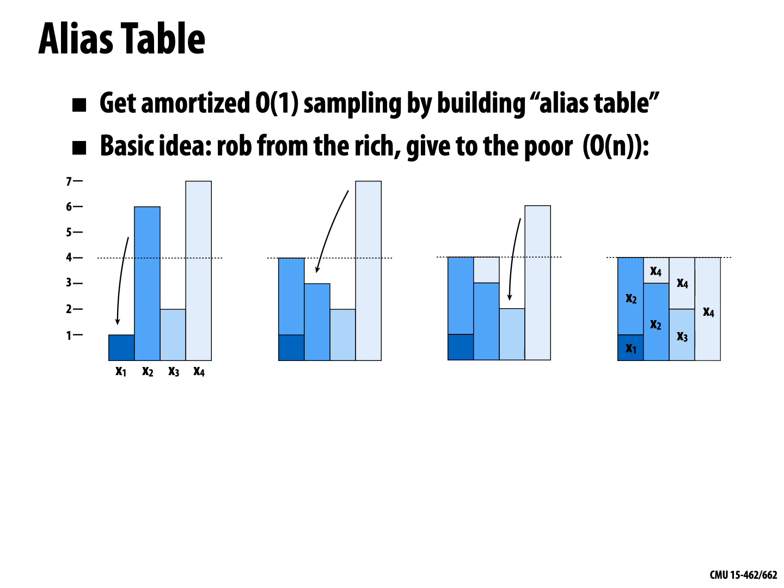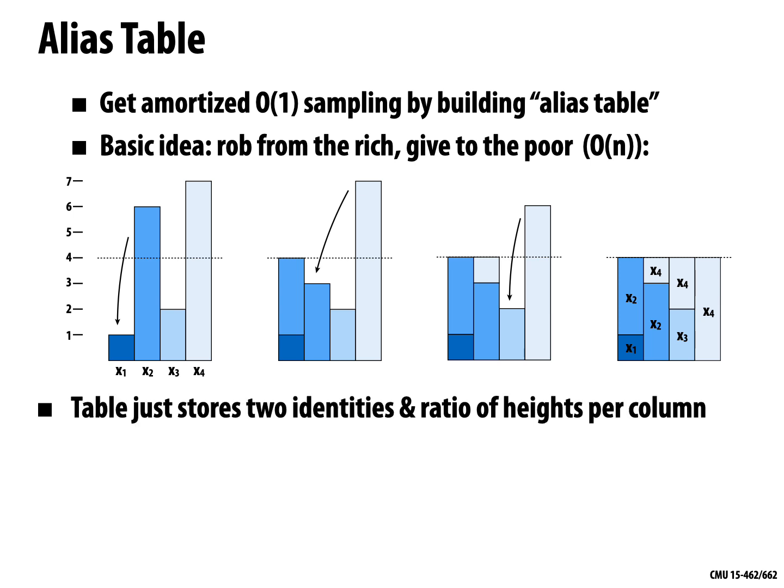Okay, and we know that this is going to work out because there's as much stuff above the average as below the average when we started. Okay, so now we have this table, this alias table, that stores 2 identities and a ratio of heights per column.